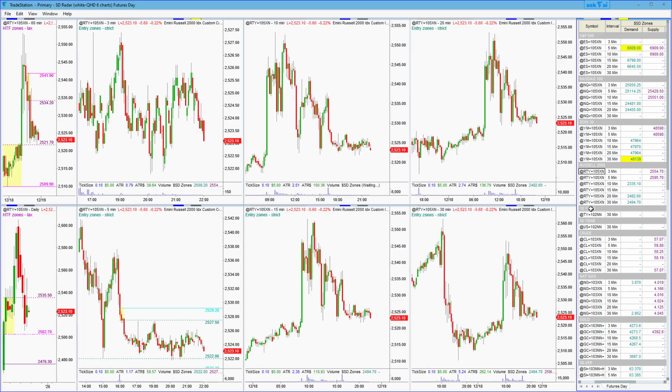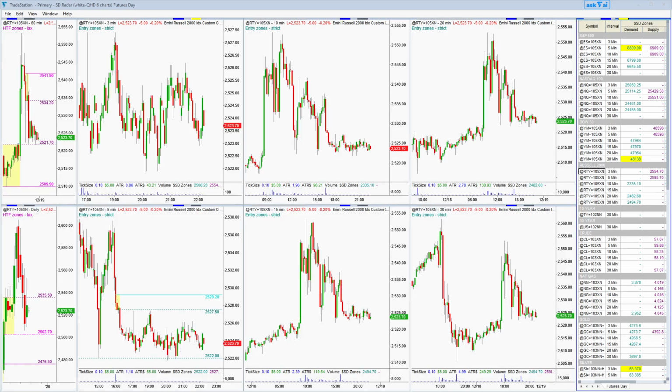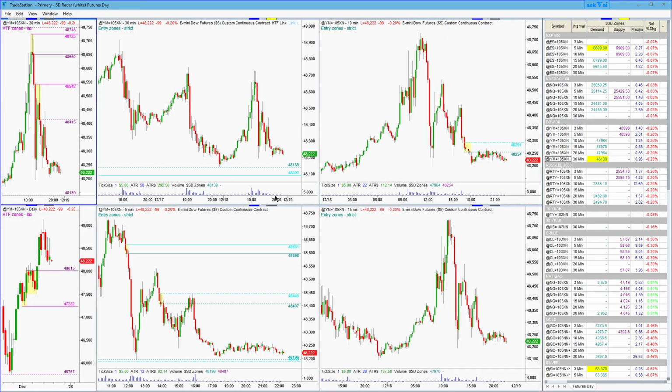And it takes away from the main purpose of SD zones, namely to do the work in radar screen and let radar screen direct you to where the zones are that you should consider. So that becomes problem number 3. Let me get back to the regular 4 chart workspace here.